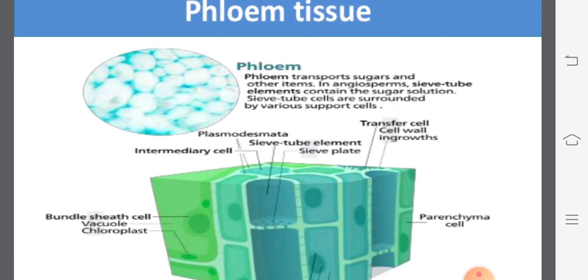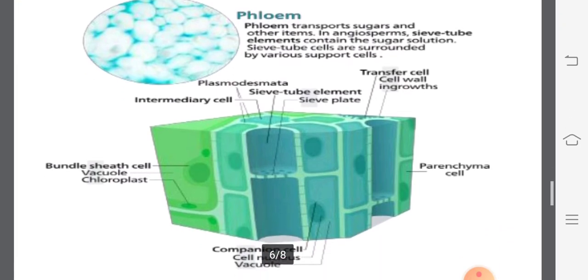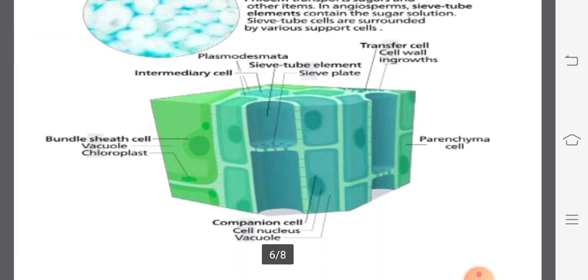The cells are thin-walled and smaller in size, and in angiosperms the sieve tube elements contain sugar solution. Sieve tubes are generally surrounded by supporting cells. Here the parenchyma cells, the transverse cell wall and the outgrowths are also observed.